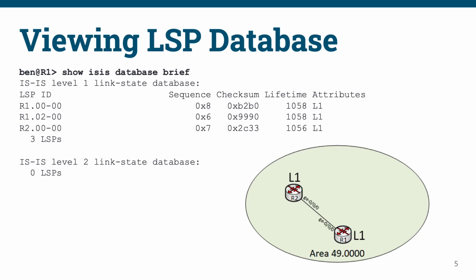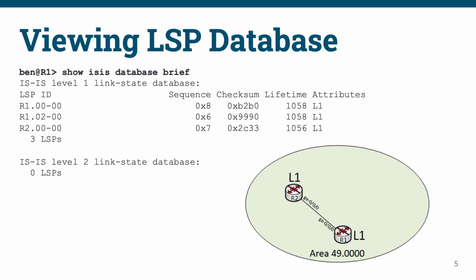As we expect, we only have Level 1 LSPs in the database, as we do not have any Level 2 routers in the domain. And even if we did, we would need to explicitly leak Level 2 LSPs into the Level 1 area if we wanted. The information here can be useful in troubleshooting.